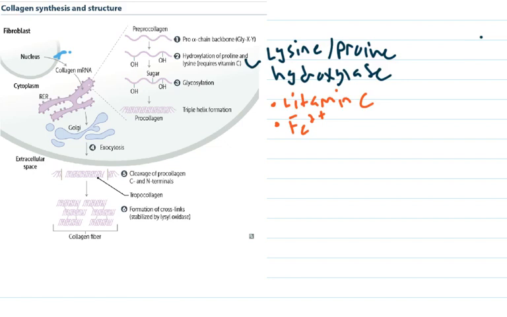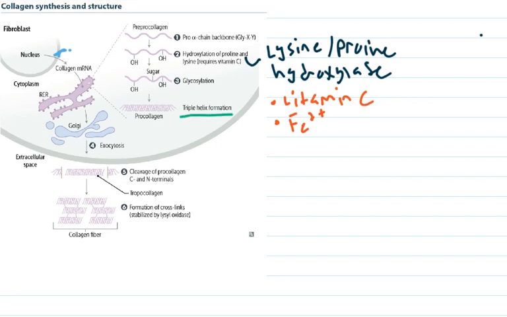After hydroxylation and glycosylation have occurred, we now have our pre-made pre-procollagens, which are essentially just alpha chains of polypeptides ready to go. And what forms the procollagen monomer is essentially the aggregation of three alpha chains.